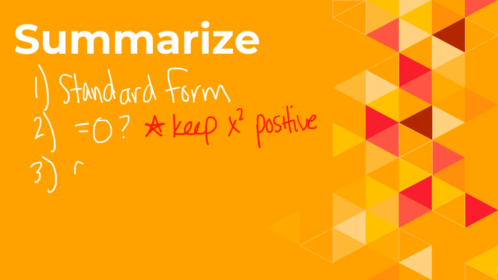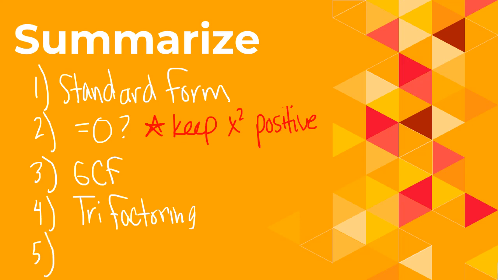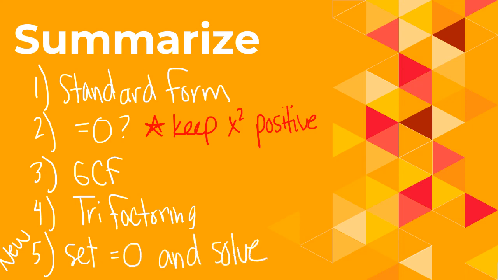Step 3 was GCF, okay? Make your life easier if you can, you need to. Step 4 is your try-factoring, okay? And if you were to say a step 5, this is what's new, it's what is really, really new. Set each factor equal to 0 and solve. Does that make sense?